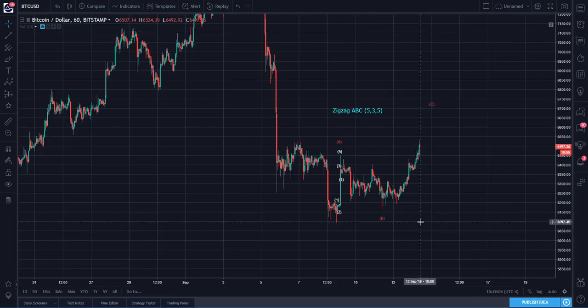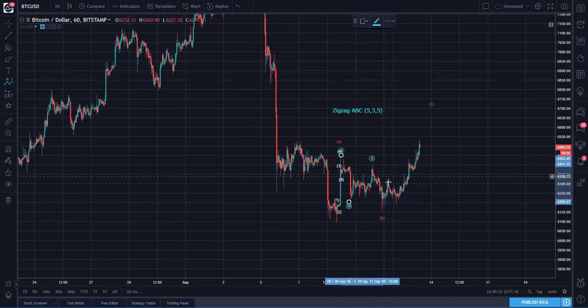And then the B wave is very sideways. See how sideways it's going? It doesn't have direction like the A and the C would have in an impulse sequence. So this is likely a W, X, and a Y.